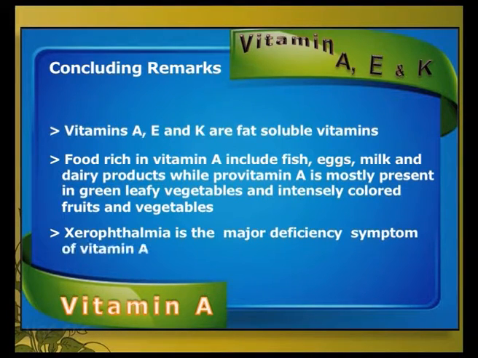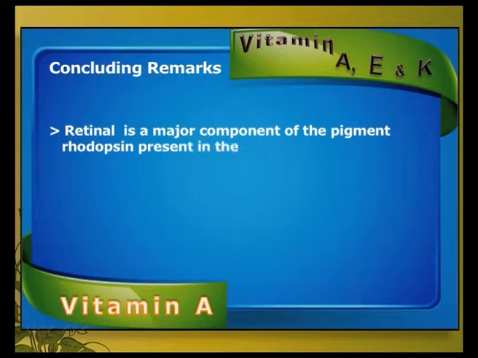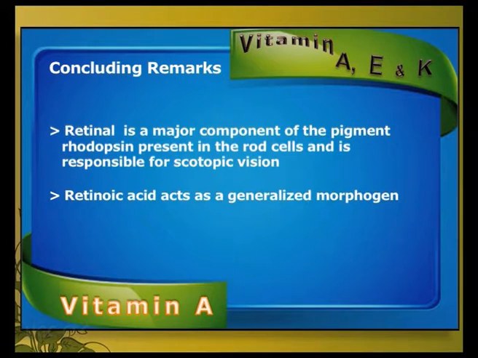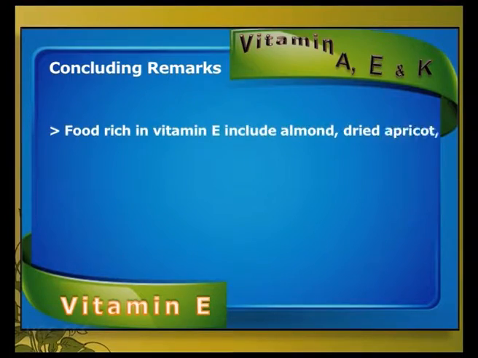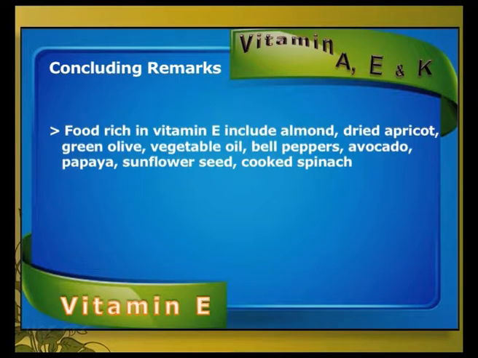Xerophthalmia is the deficiency syndrome associated with vitamin A. Retinal is the major component of the photosensitive pigment of the rod cells, and retinoic acid acts as a generalized morphogen. Foods rich in vitamin E include dried apricot, almond, green olive, vegetable oils, avocado, papaya, and cooked spinach.